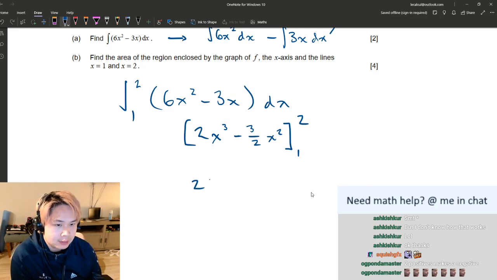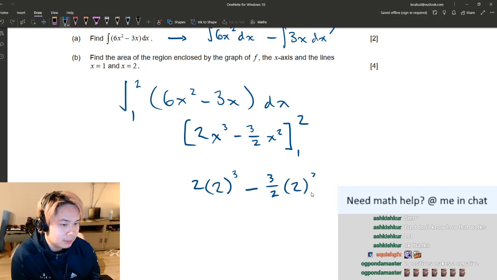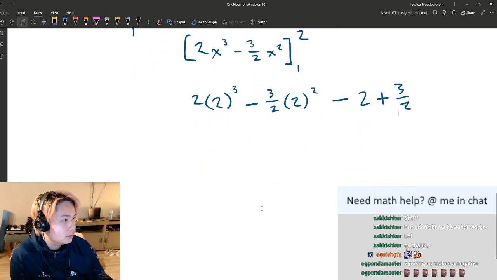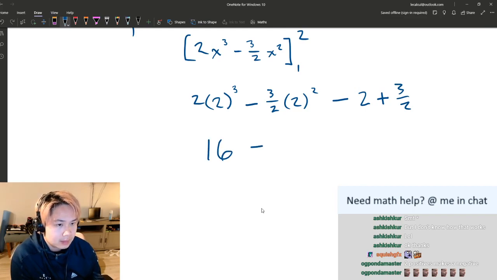So what do we have? 2 times 2 to the power of 3 minus 3 over 2 times 2 to the power of 2 minus 2 plus 3 over 2. Okay, this is 16. This is 6.